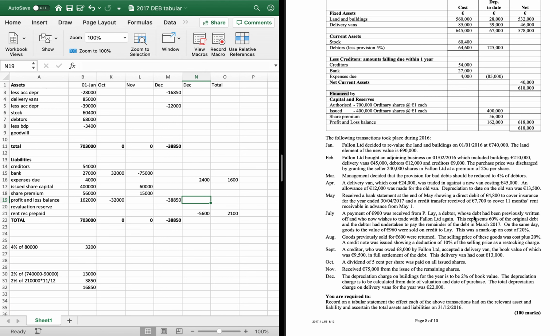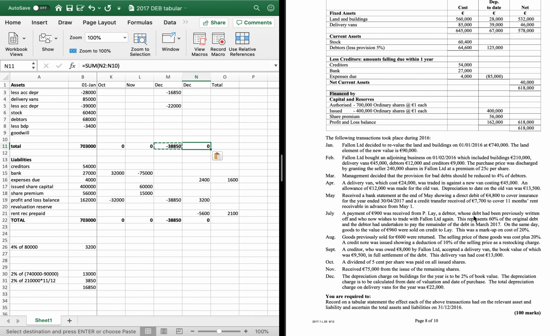It has to balance off at 0. So 5,600 minus 2,400, so it'll be 3,200 in total. And that balances then at 0 and 0.